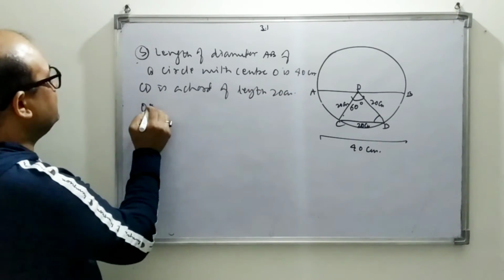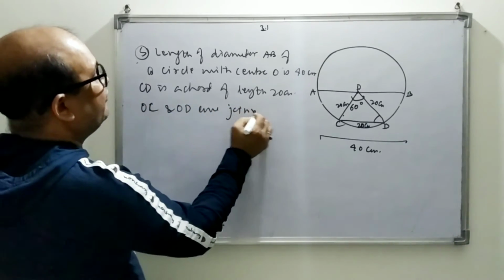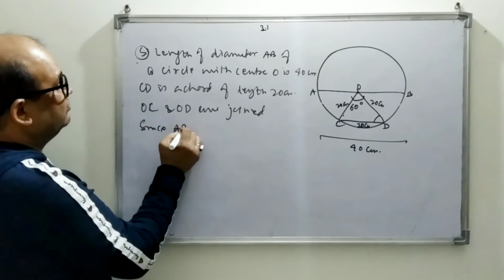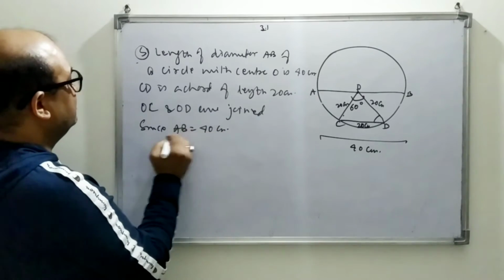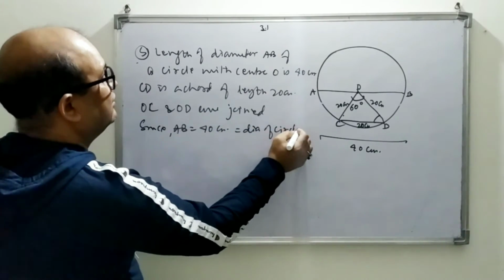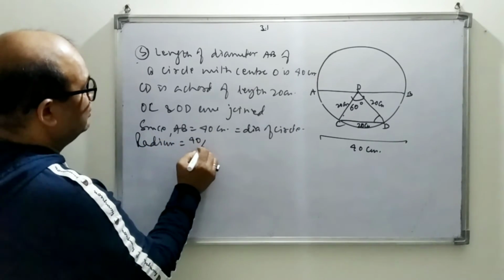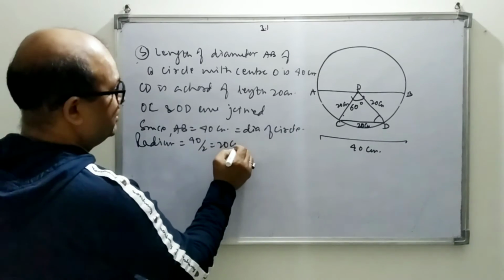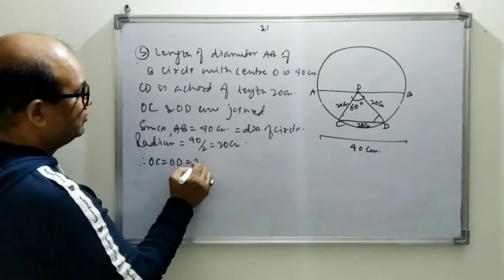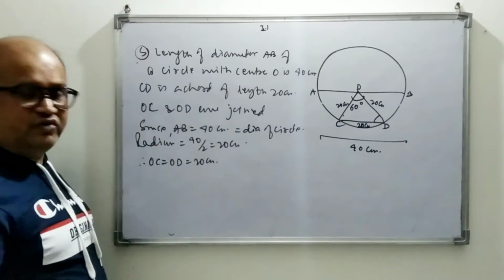Now OC and OD are joined. Since AB equal to 40 centimeter, that is diameter of circle, therefore, radius equal to 40 by 2, that is equal to 20 centimeter. Therefore, OC equal to OD equal to 20 centimeter. These are all radii, so radius equal to 20 centimeter.